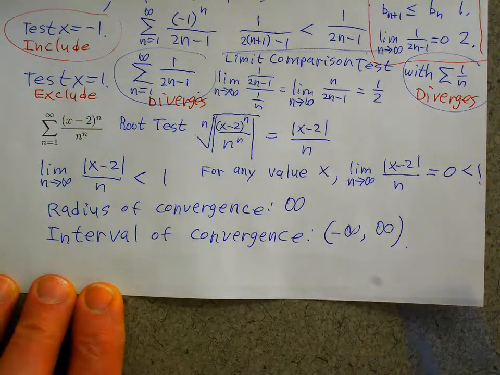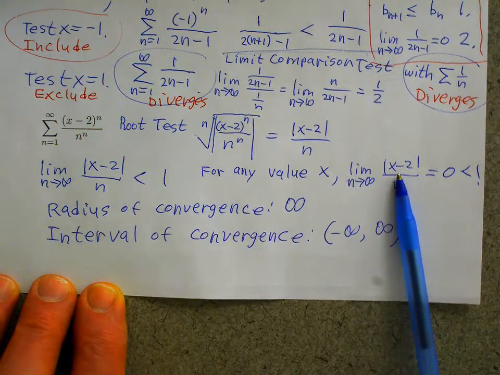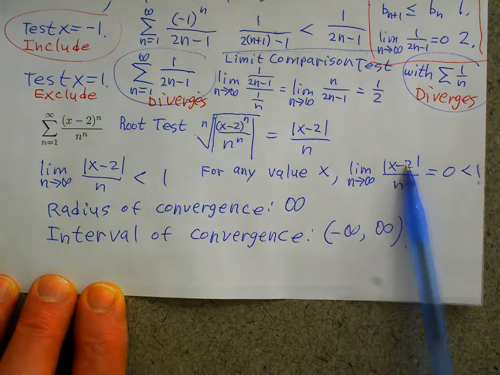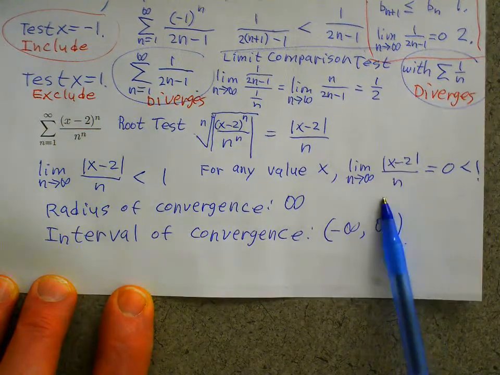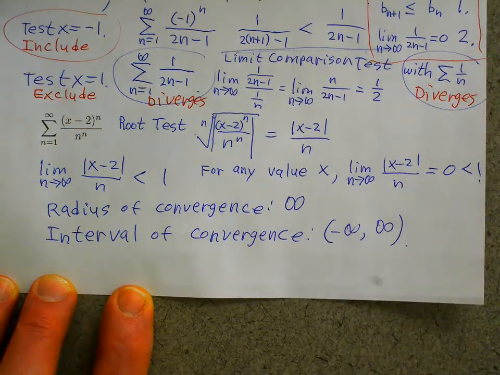Does that make sense? If you pick x to be any real number whatsoever, then the numerator is fixed and the denominator approaches infinity, so the limit will be 0, no matter what value of x you pick.